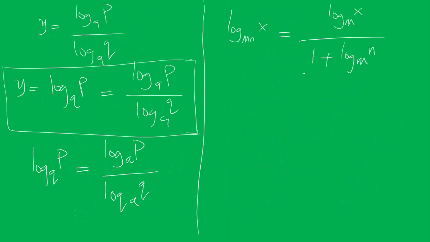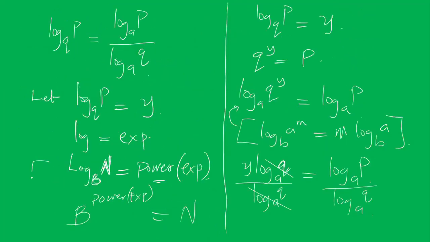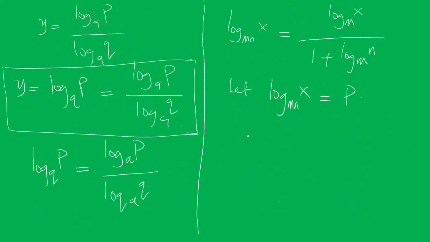Okay, now to do this, we say let log x base mn be equal to p. Now, according to the expression which we have explained here, we cannot apply it there, which then means (mn) to power p is equal to x.